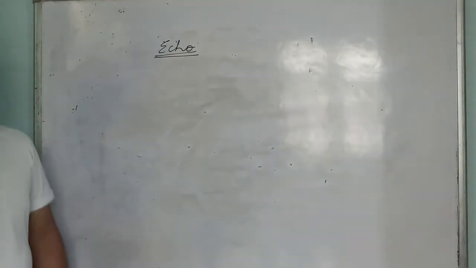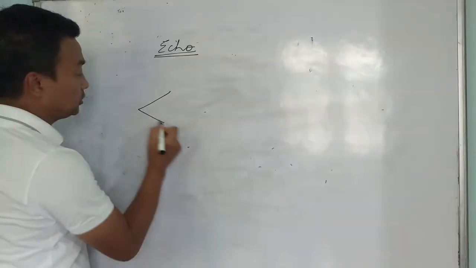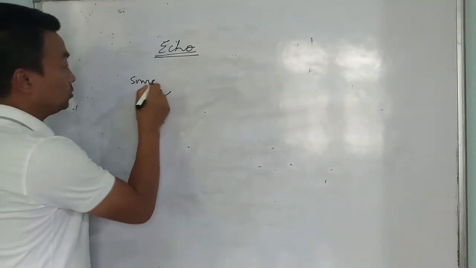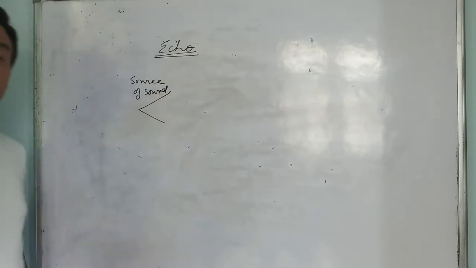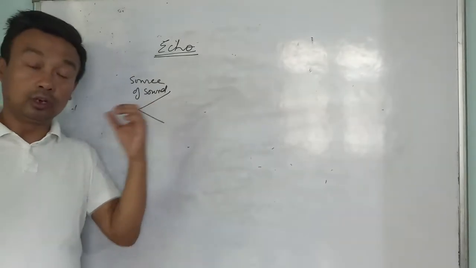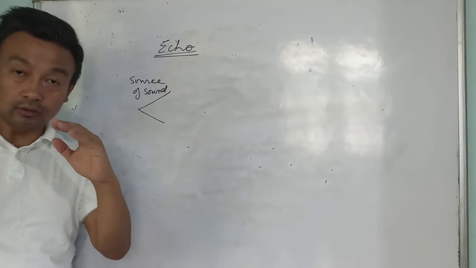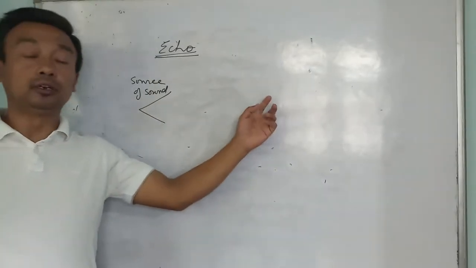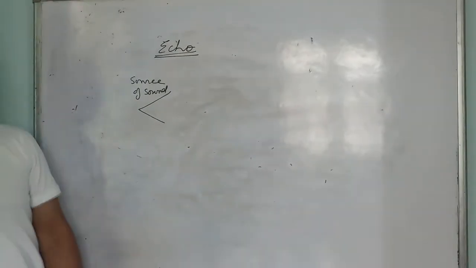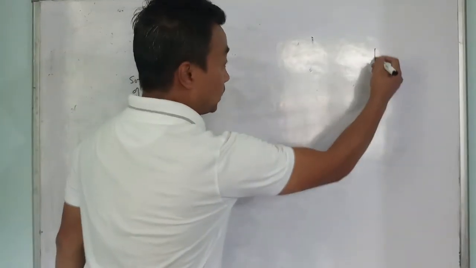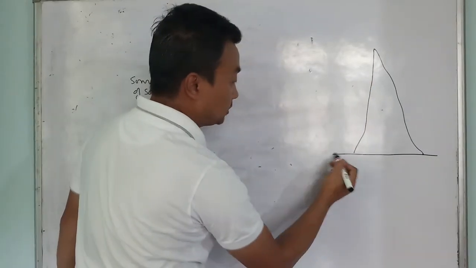Let me show you with a simple diagram. Let us say this is the source of sound. You produce the sound from here, and for sound to be produced you always need a vibrating body. It has to travel in a medium, and there should be a receiver. Then on this side you have an obstacle, let us say a hill or mountain top.